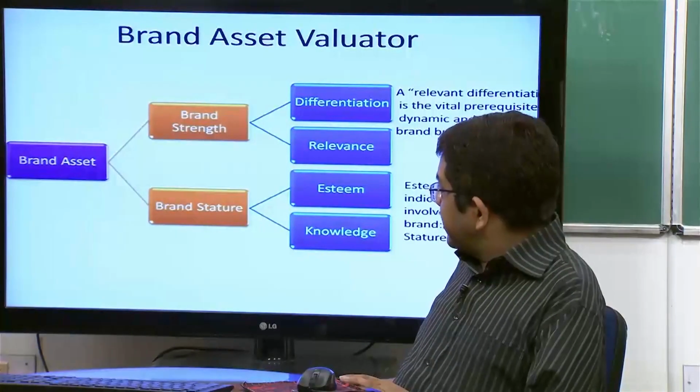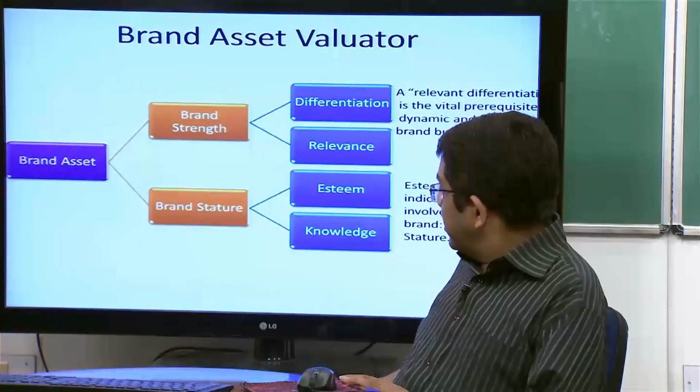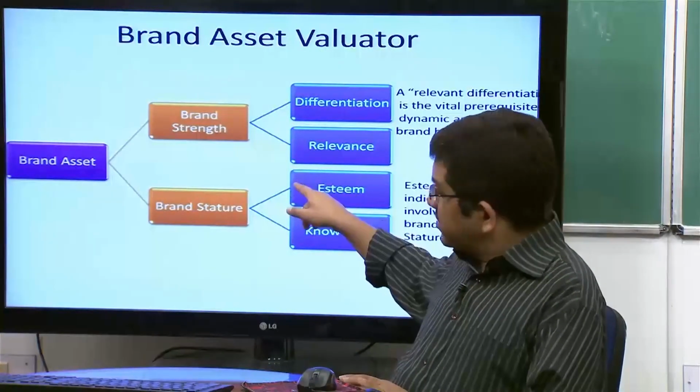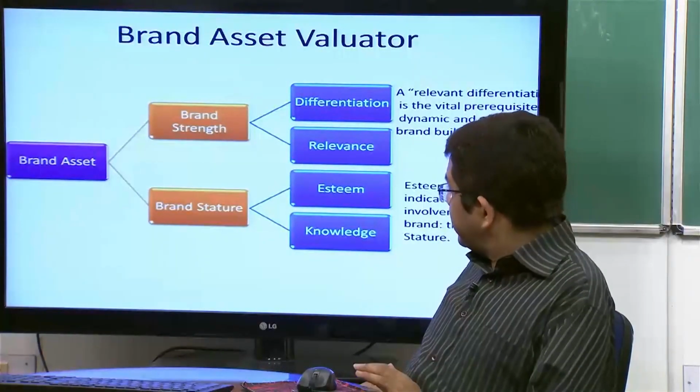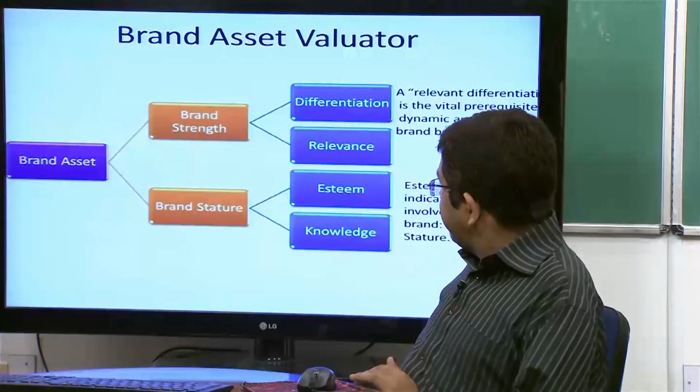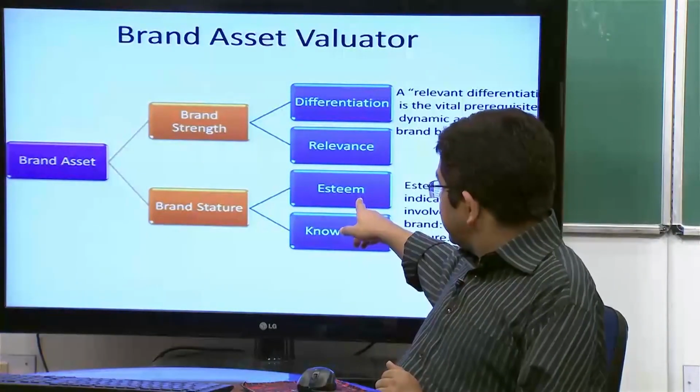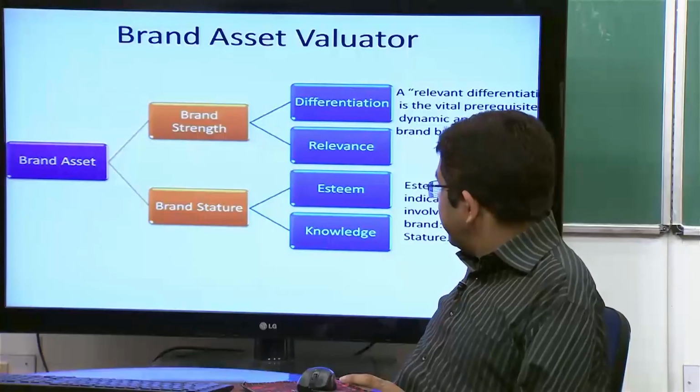These two dimensions are brand strength and brand stature, and each of these dimensions has two different sub dimensions inside it. Brand strength has differentiation and relevance, and brand stature has esteem and knowledge.